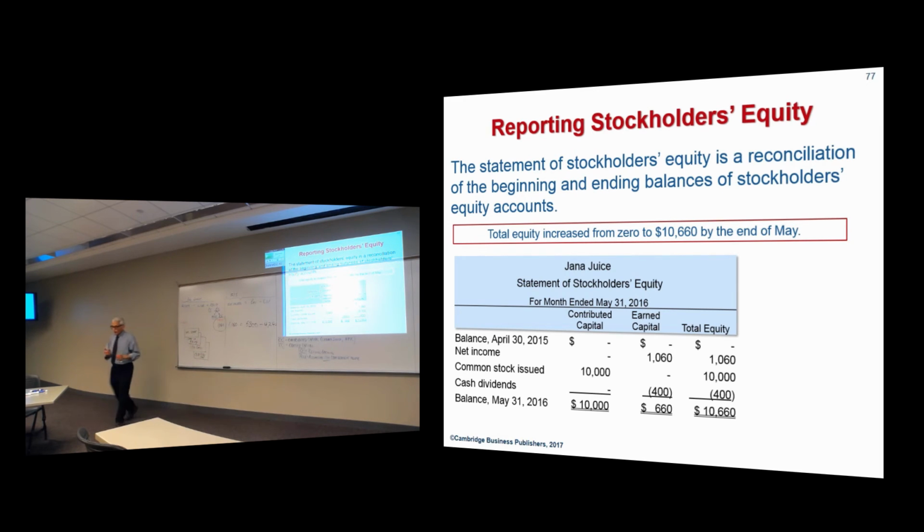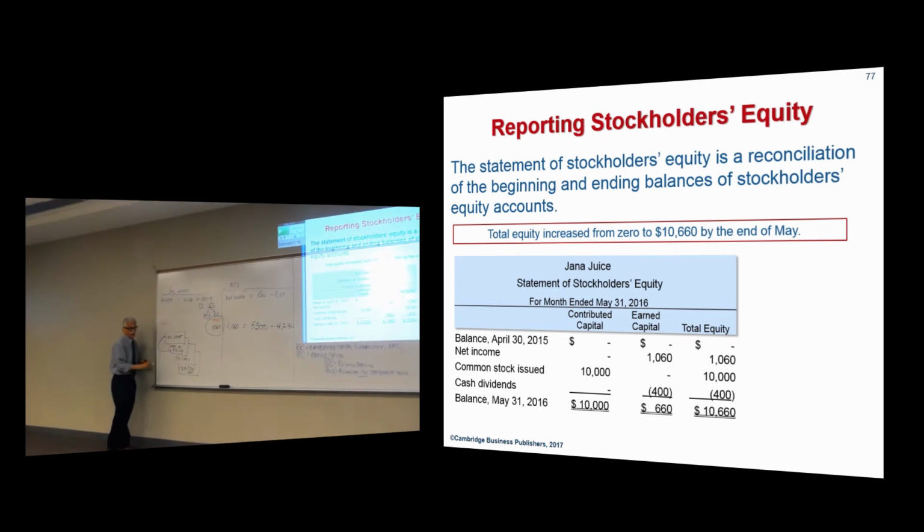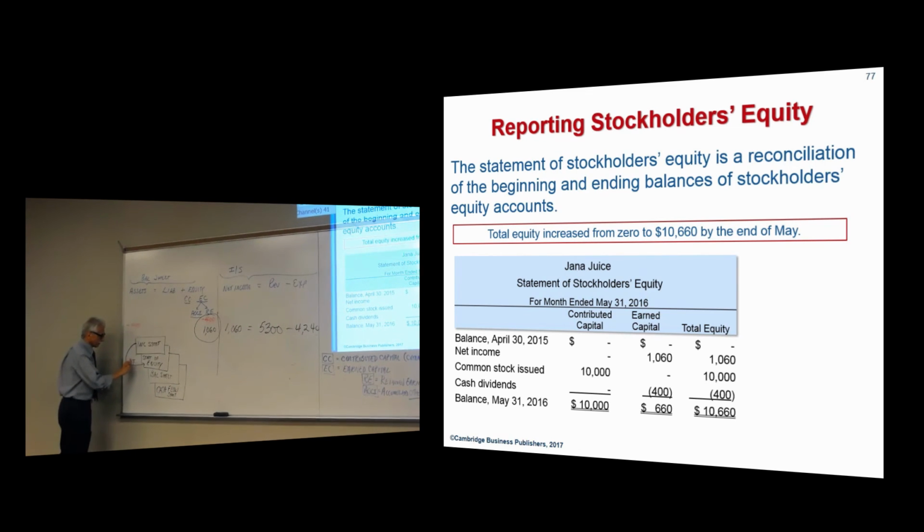So what we know so far is that in order to get the statement of equity, we need the net income to be determined first. That net income is then used to prepare the statement of stockholders' equity.